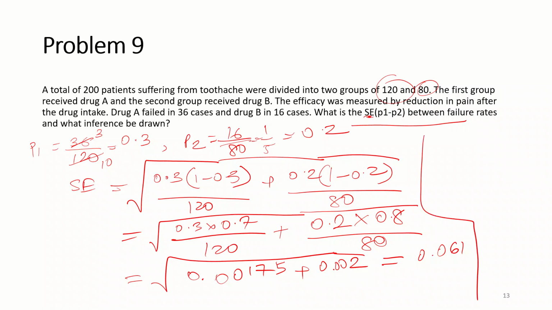So we can just put the values in the formula: p1 minus p2, divided by the standard error. So it will be 0.3 minus 0.2, and the standard error is 0.061.